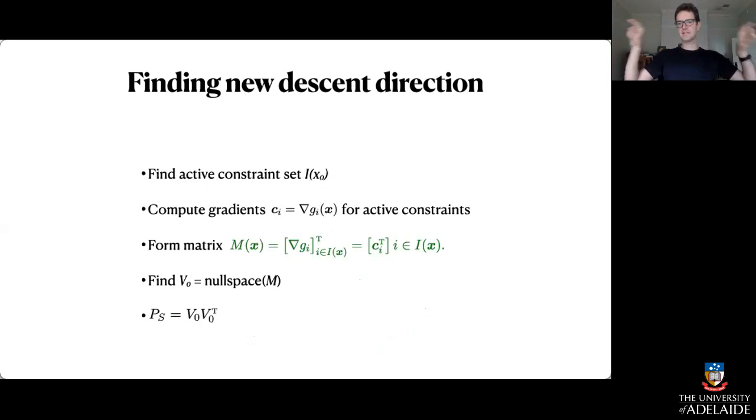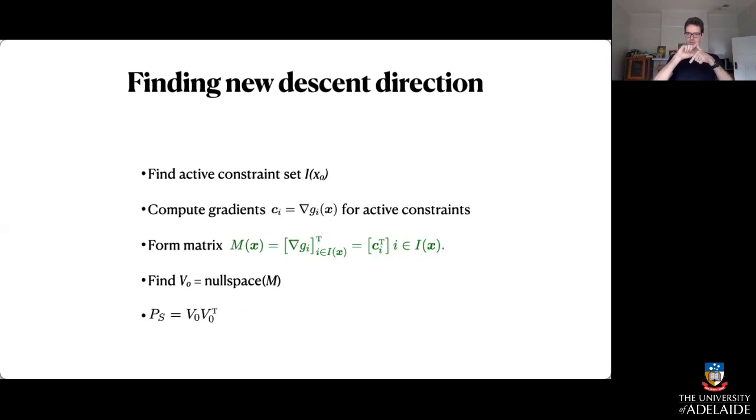They're just vectors, because these G's, our constraints, are always going to be linear constraints. Those gradients will just be vectors with numbers in them. We take all these gradients and put them in as rows of a matrix M, and then we find what's called the null space of M.